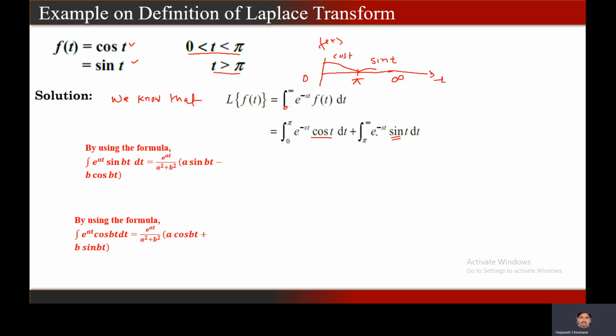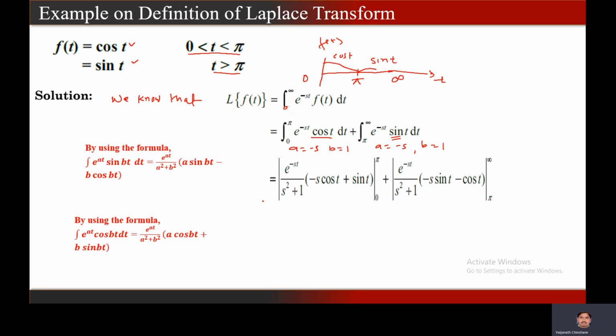Using this we find this, and in this formula put a equal to minus s and b equal to 1. Similarly, the other formula is used to evaluate this. Here also a is equal to minus s and b is equal to 1. Put these two values here, and using these two formulae we obtain the integration.